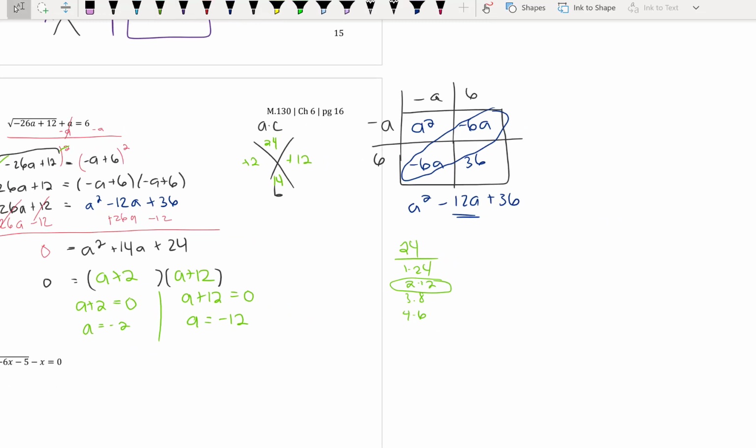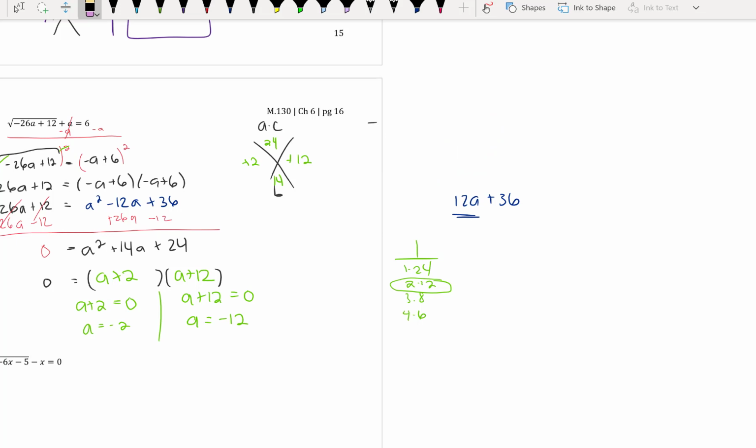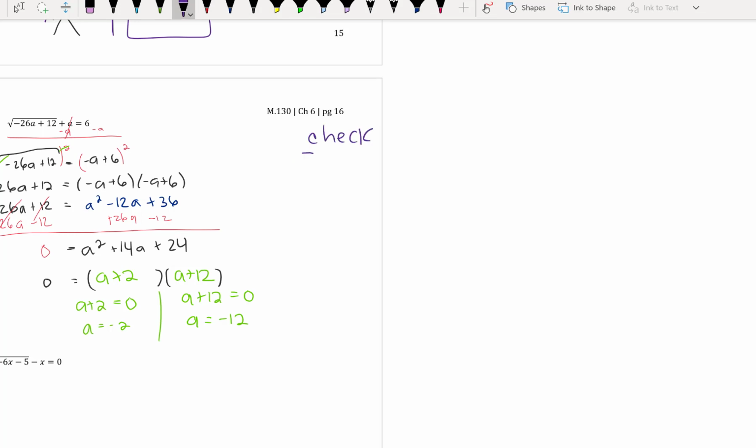Now I have to check my solutions. I want to make sure that the solutions that I found are actually legit solutions. So let's go ahead and do our check. Let's do the first one, a is equal to negative 2.